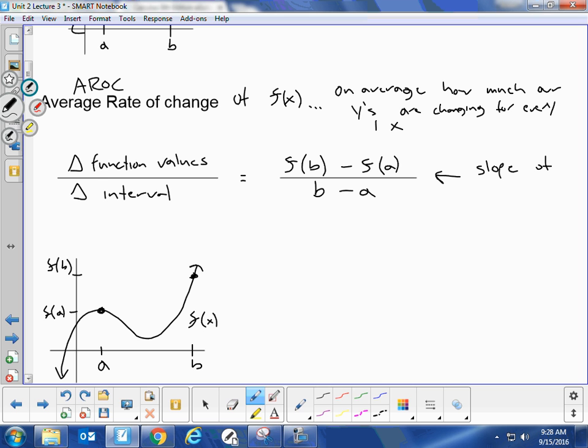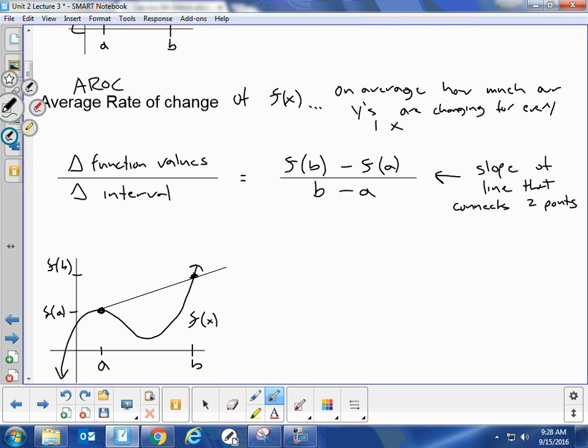It's the slope of the line that connects the 2 points that we're talking about. So actually, if I want to find the average rate of change of a function, I just need to find the slope of that line that connects those 2 points.